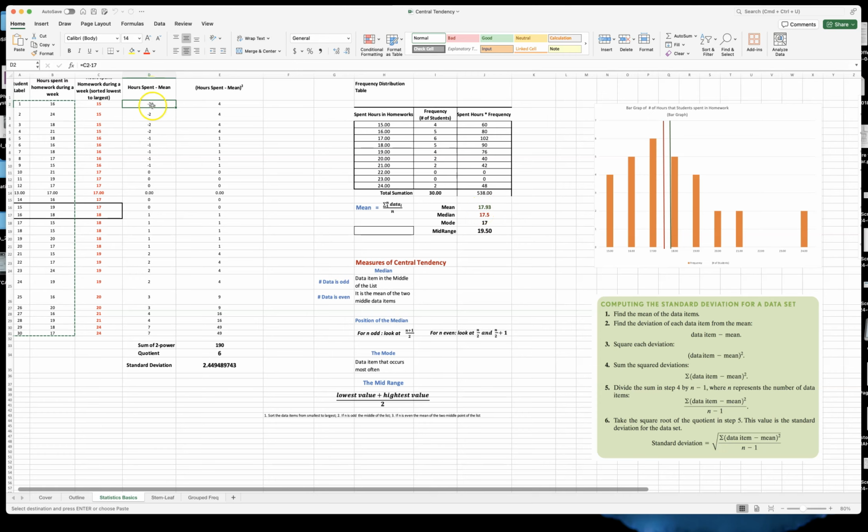So we did that for each one of the samples, okay? And then we square those differences.